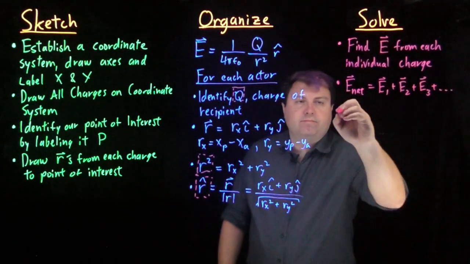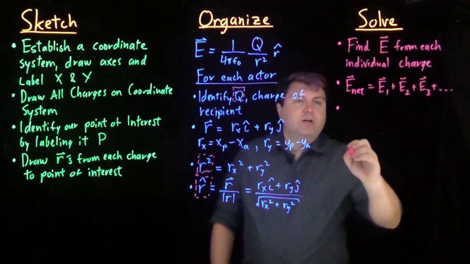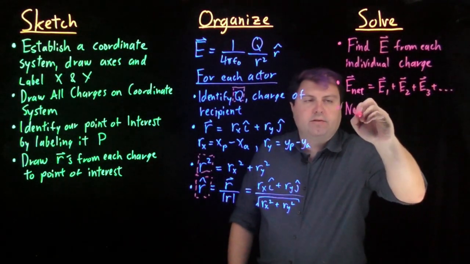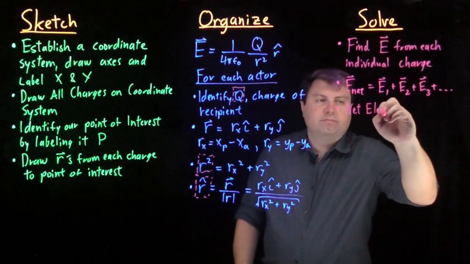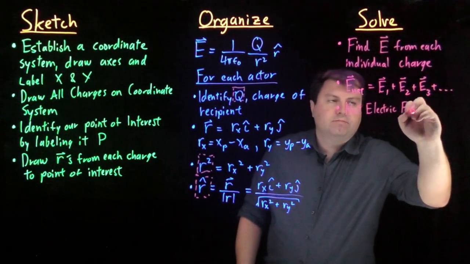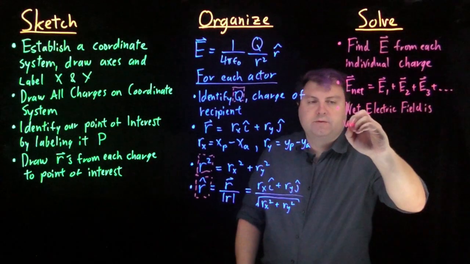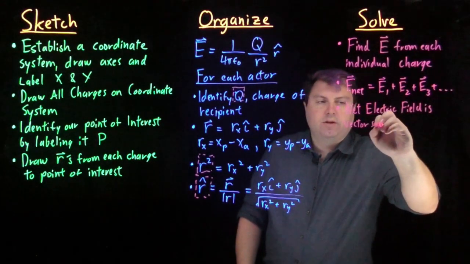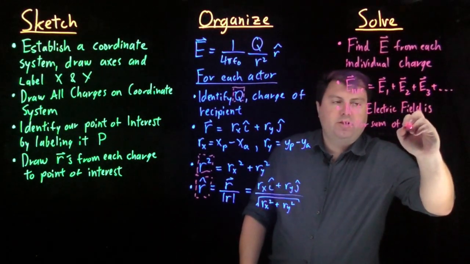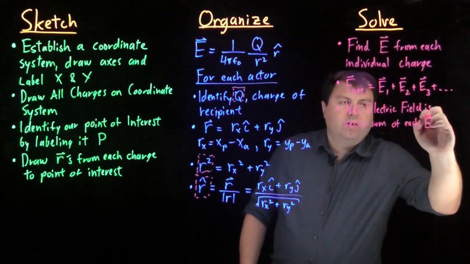So we can find the net electric field as the vector sum of each electric field.